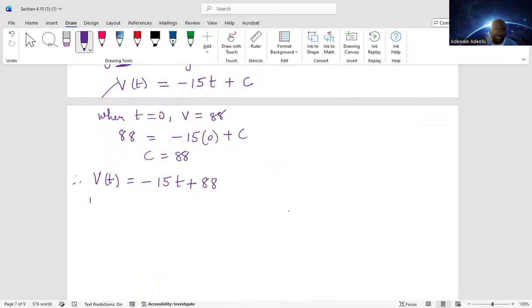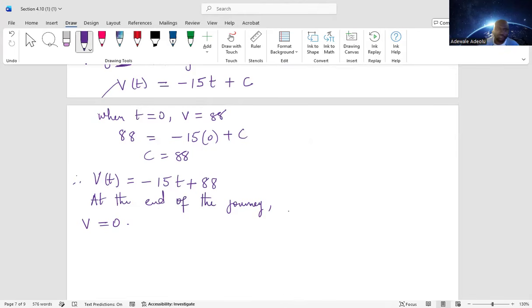So we know that when t, well, we don't know that t, but we can say at the end of the journey, v is 0.